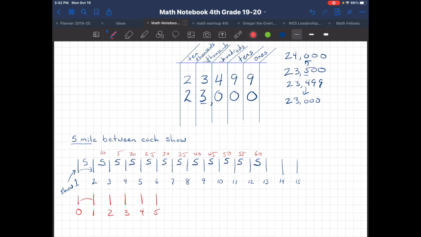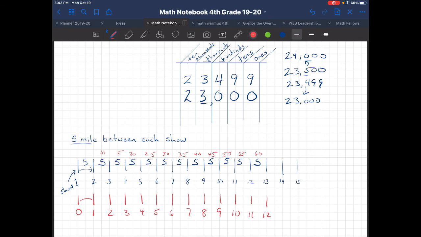So this is a problem that's really not well written. Because if they weren't starting at show 1, if they were starting at no shows and show 1 was here, then it's 12 shows till they get to 60 miles.